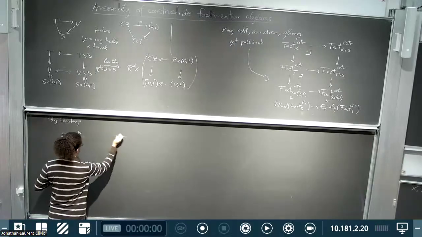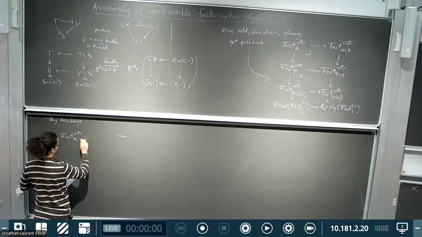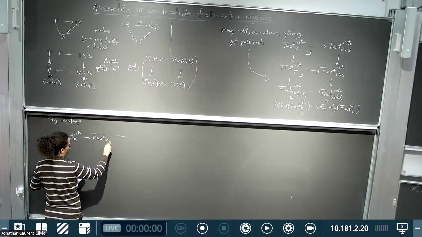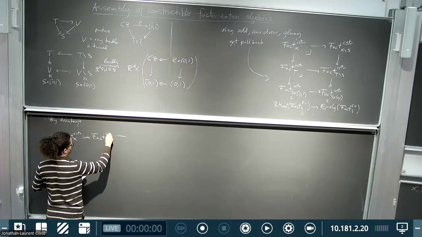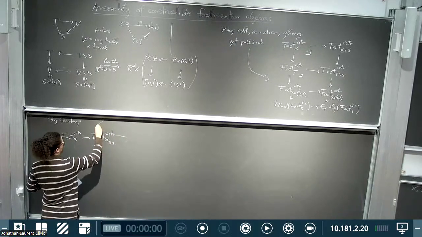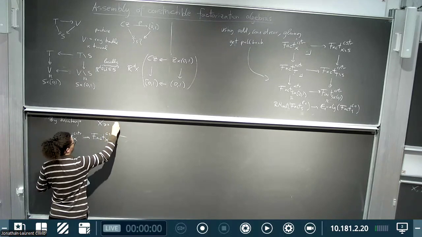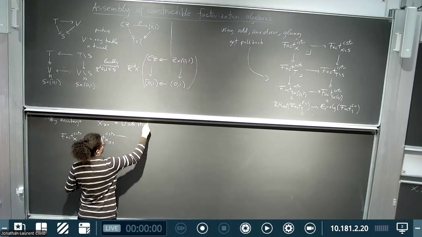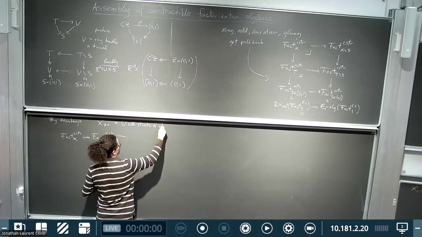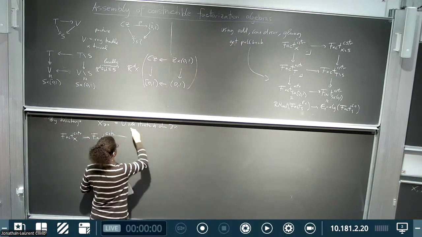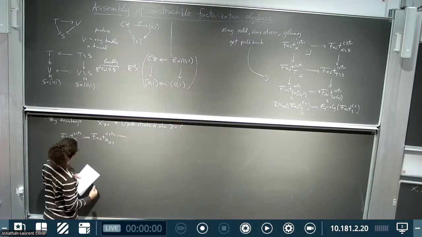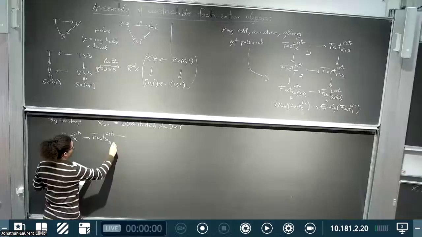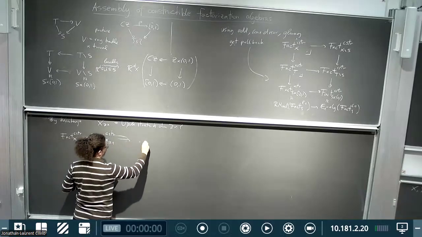So okay, the first step, you go to factorization algebras on X bigger or equal than 1, where here I will use the notation that X bigger or equal than n is the union of all strata of dimension bigger or equal than n. And so in the first step, you split off the zero-dimensional strata, then you split off the one-dimensional strata, and so on.